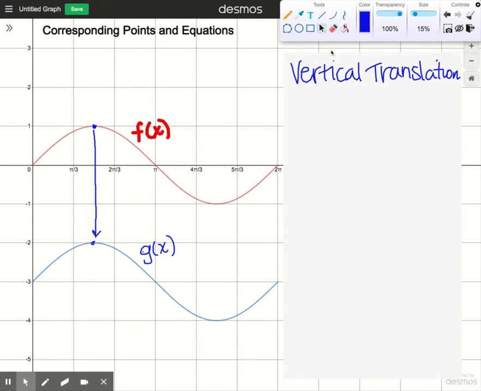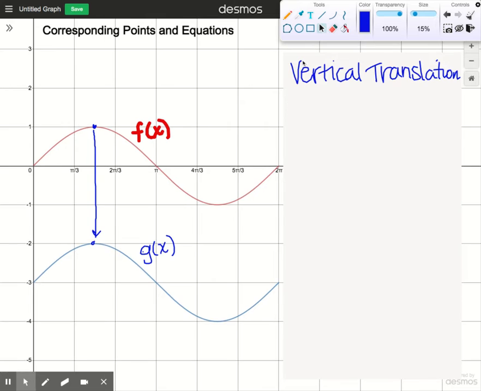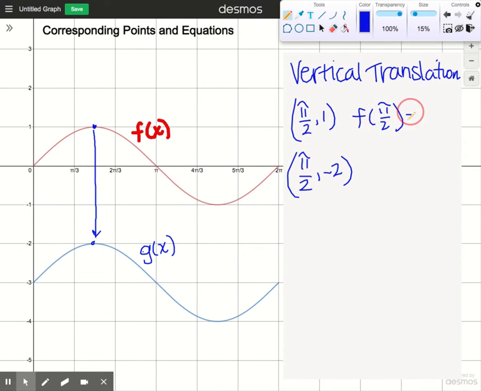So again, those are the points, pi over 2 comma 1 and pi over 2 comma negative 2. We could write this as f of pi over 2 equals 1 and g of pi over 2 equals negative 2.